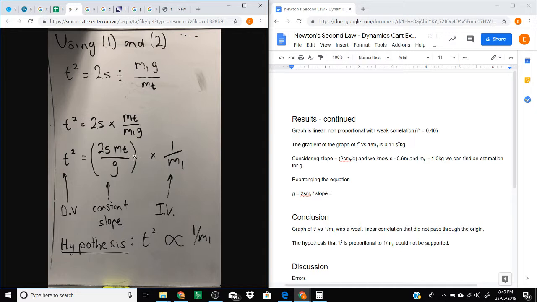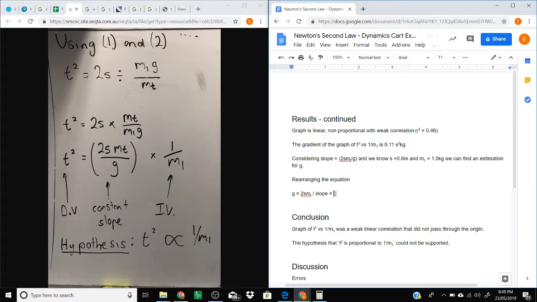And we're going to determine what g is from this, because I know what this number is according to my graph, that's 0.11, but I can rearrange this and solve for g. So if slope equals 2s mass total divided by g, then g equals 2s mass total divided by slope. So all I've done is times g across and divide the slope across.